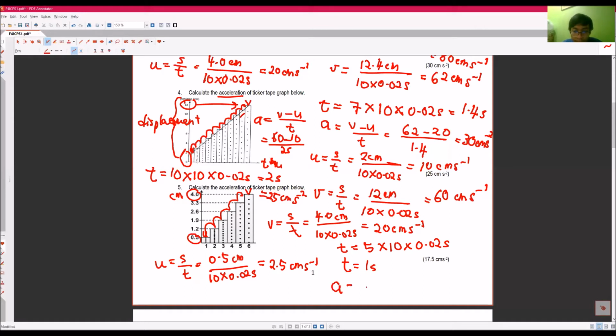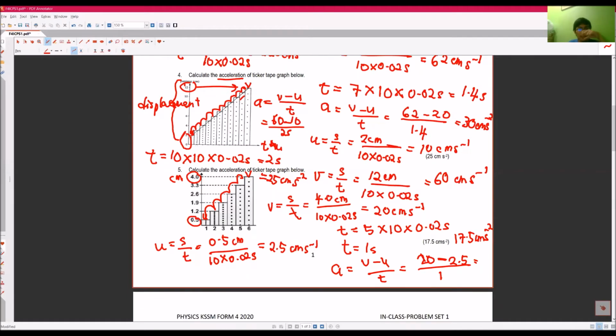So calculate using the formula for acceleration. v is 20, u is 2.5, divided by 1. 20 minus 2.5 is 17.5. So 17.5 cm s^-2.